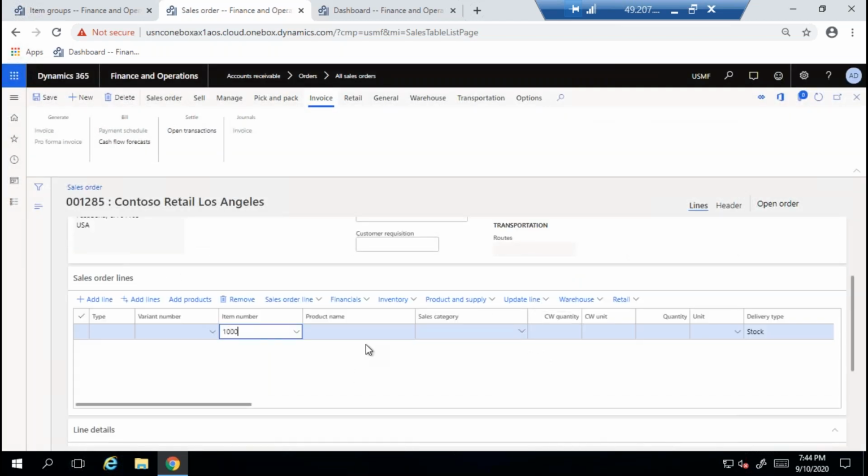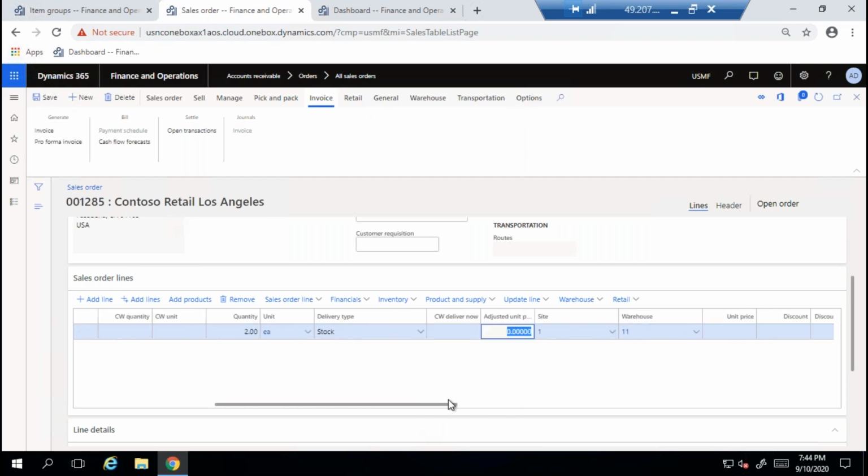So I'm entering the same 1000. Suppose initially the customer has given me an order for two quantity. So I told the price is 1050.